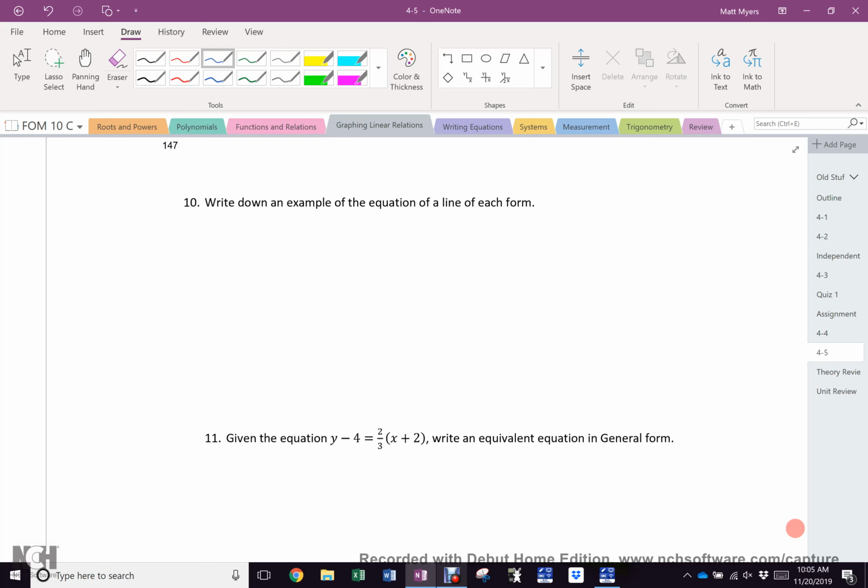So, don't we need a line first? Yep. There's a line, right?